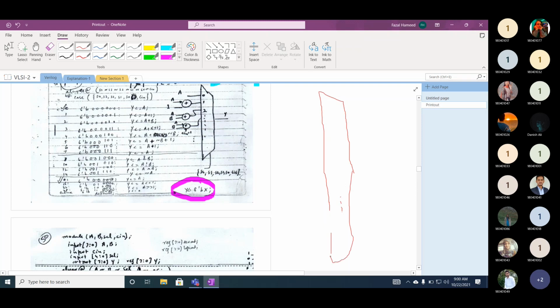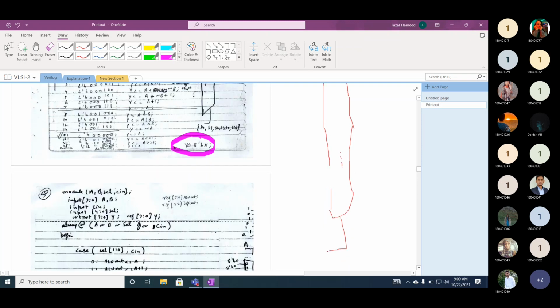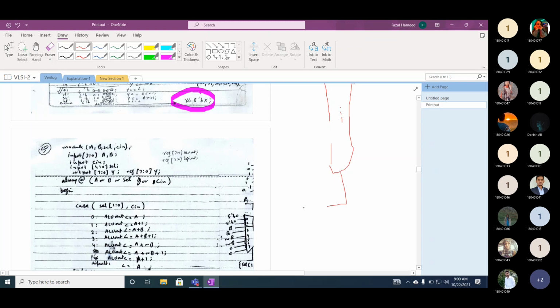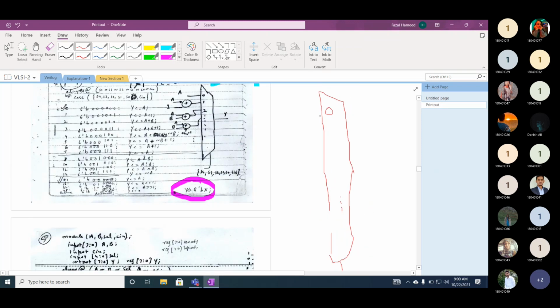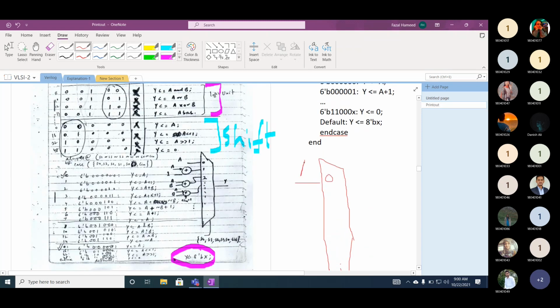And on this large multiplexer, how many signals will there be? 6 bits. S4 to S0, and when the condition is equal to 0, what will go on the output? A. When it's 1, and 2, and so forth, and so on.